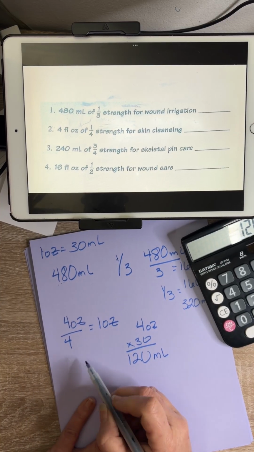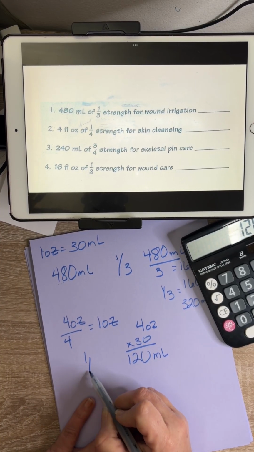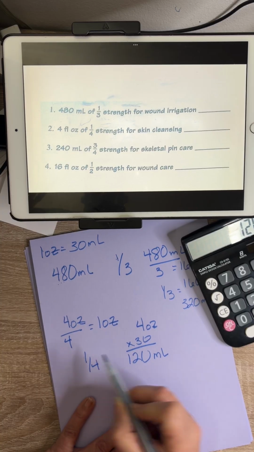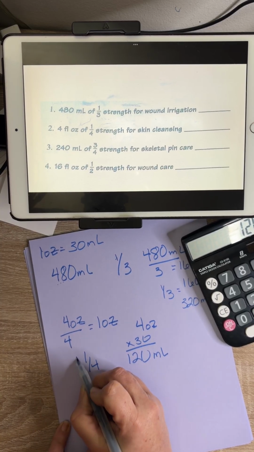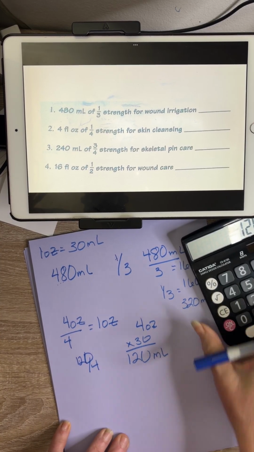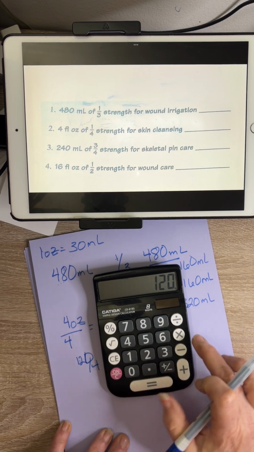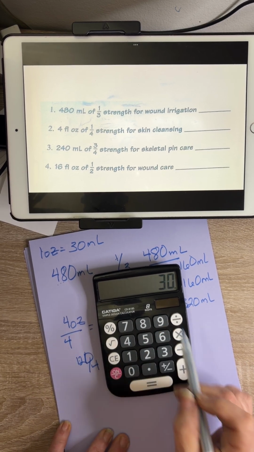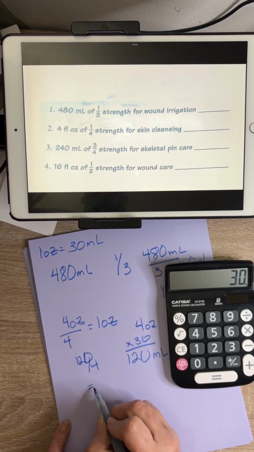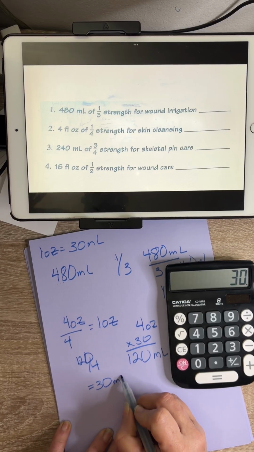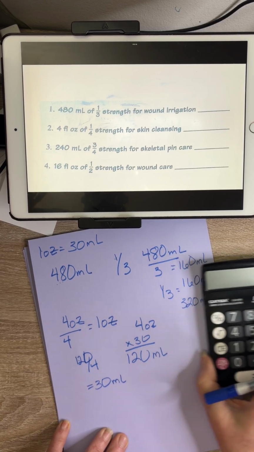And so for a 1/4 strength, we're going to remove that 1 and put 120 over it. I hope this is making sense. And then you'll do 120 divided by 4, and you would need 30 milliliters. That would be 1/4 of the total amount.